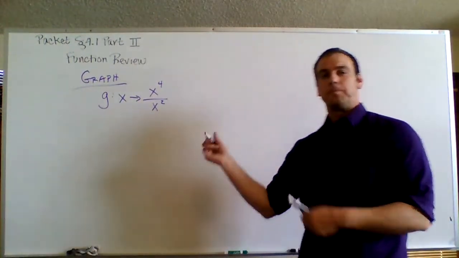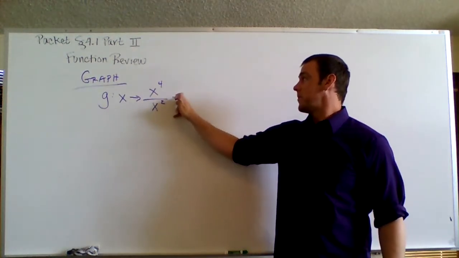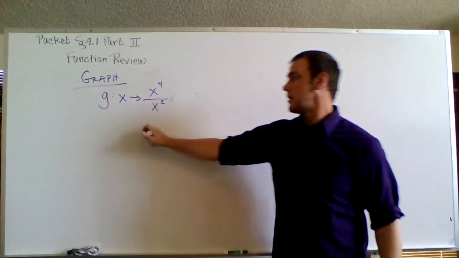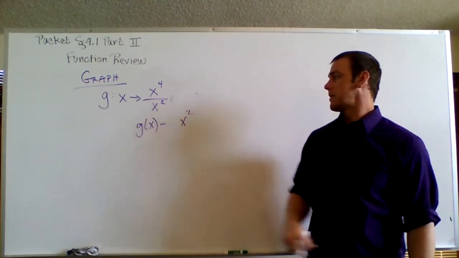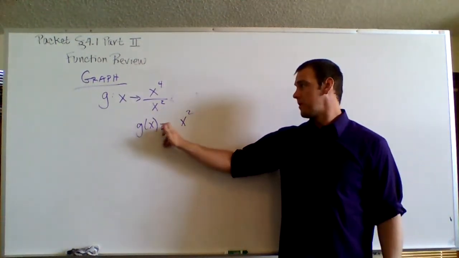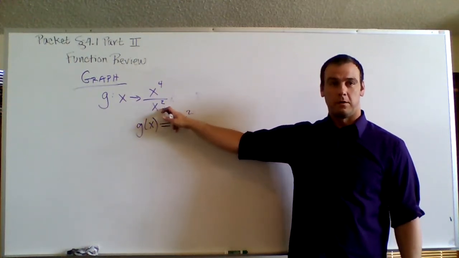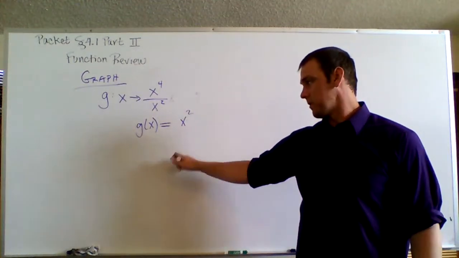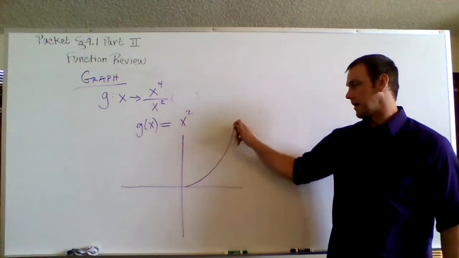All right, so this does cancel, right? I'm going to be left with, let's write g of x. It's essentially going to be the same thing as x squared as long as x does not equal 0. Because if x was 0, that would have been a point discontinuity. Versus here, x is okay to equal 0. All right, x squared is just going to be the graph of a parabola.